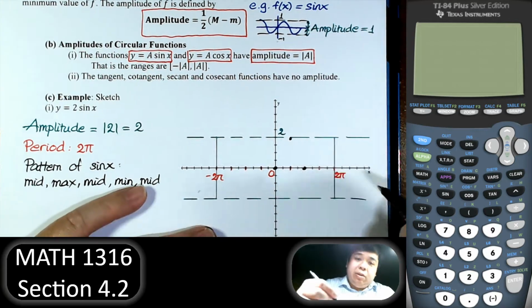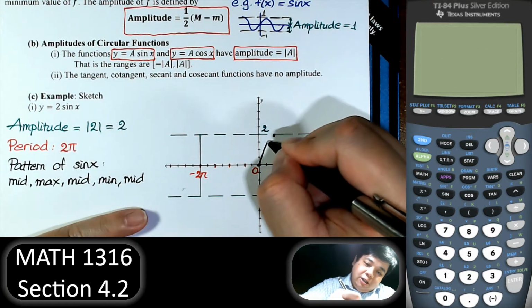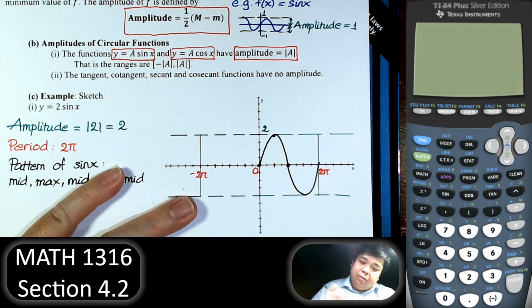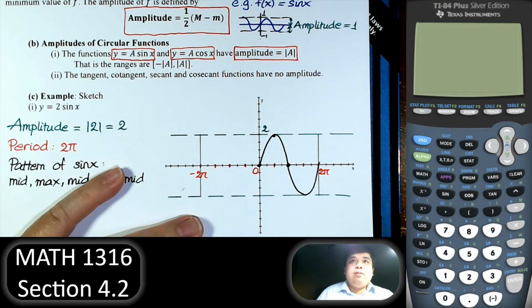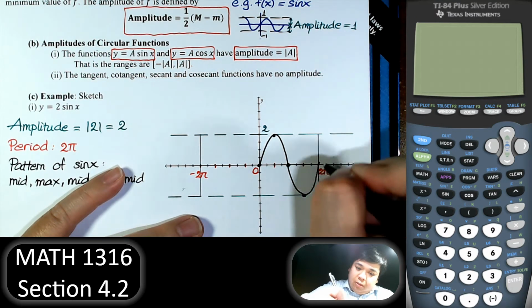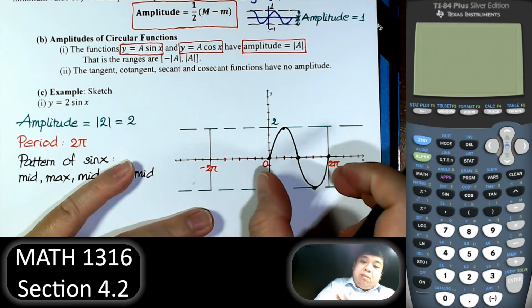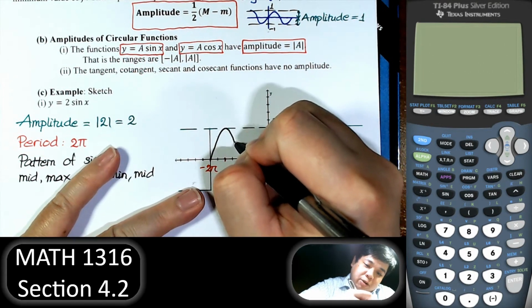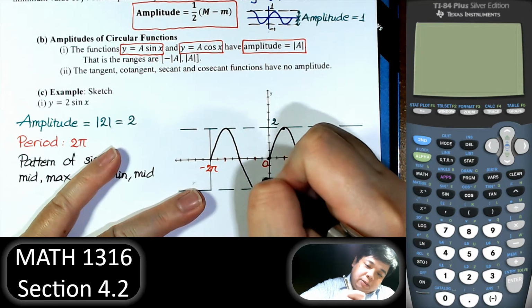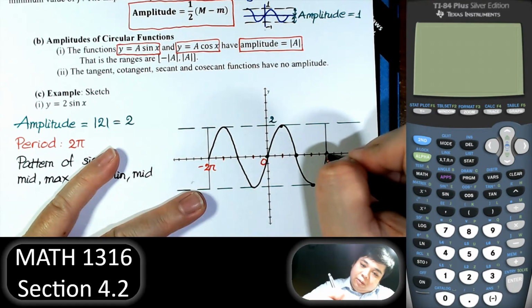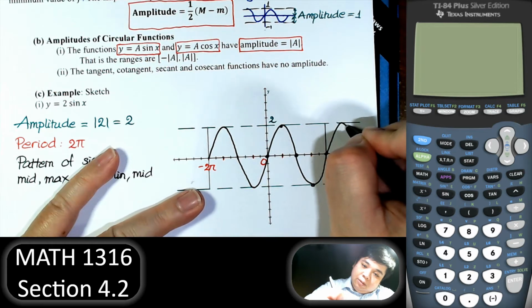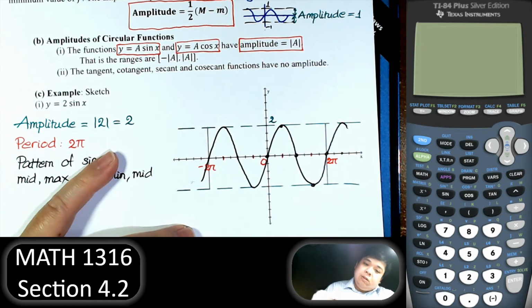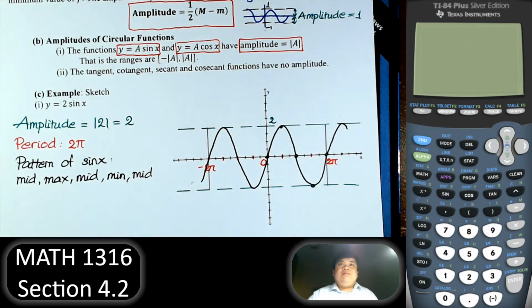So one period for sine is that. And I will just copy and paste this to the whole number line. So that is y equals 2 sine x.